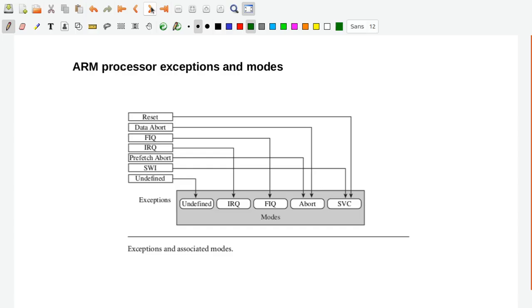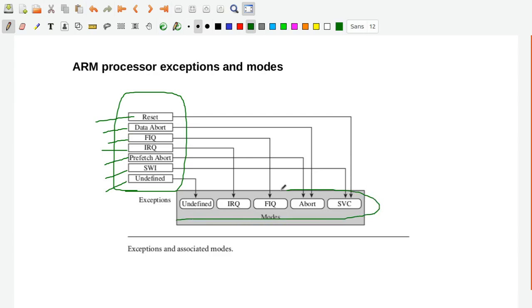Now we shall look into what are the different types of exceptions we have here. There are 7 different types of exceptions: reset exception, data abort exception, FIQ meaning fast interrupt request exception, interrupt request exception, prefetch abort exception, software interrupt exception, and undefined exception. These are the different types of exceptions you have, and these are the different types of processor modes you have, as you can see here.